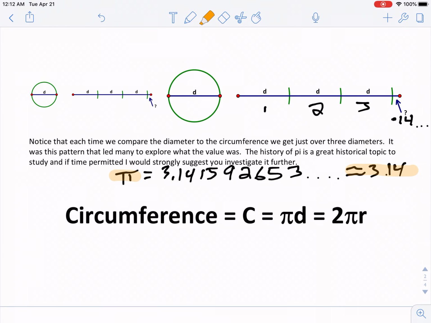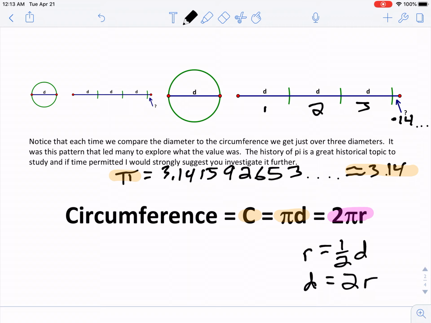All right, so what that tells us is since it goes around 3.14 times, the circumference, or C, equals pi times the diameter. This next piece, that 2 pi r right there, happens because the radius is half the diameter, or the diameter is equal to 2 radii, the plural of radius.